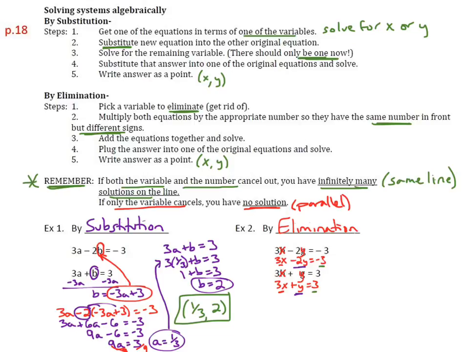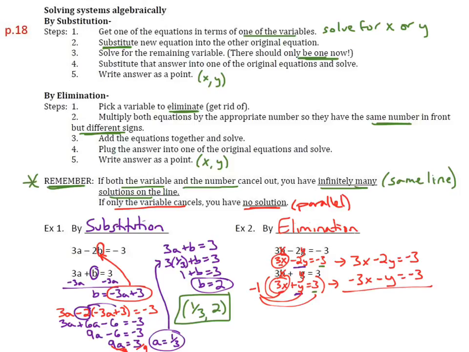Since I have my first terms here as positive 3x and positive 3x, I'm going to take this second equation and multiply everything by a -1. So I have 3x minus 2y equals -3, and the second equation, when I multiply everything by that -1, gives me -3x, minus y, is equal to -3.